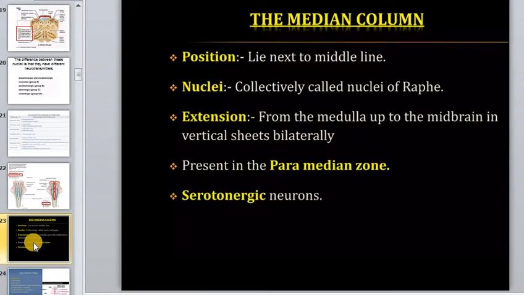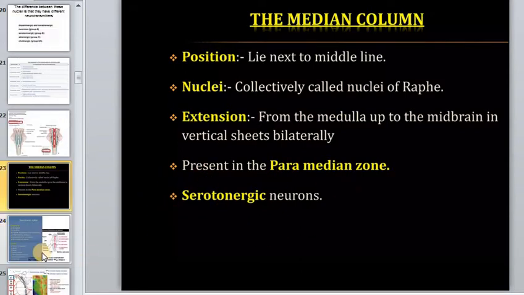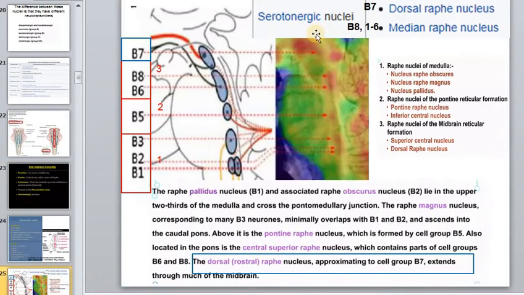Here we see the special median group of nuclei of the reticular formation positioned in the midline, and collectively we call all these nuclei the raphe nuclei. These nuclei produce the neurotransmitter serotonin, and this picture shows special groups of them: the first, second, and third group, especially the dorsal raphe nucleus.